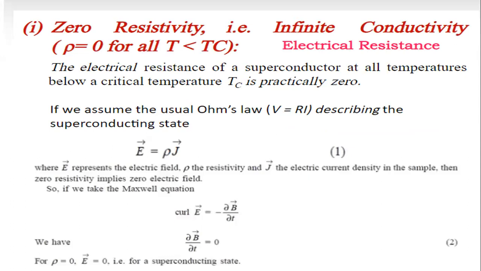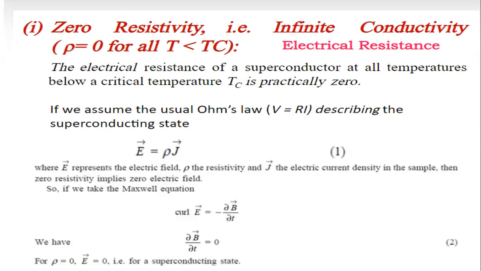The first important character is that it possesses zero resistivity, and as I said, for zero resistivity the temperature should be less than the critical temperature. The electrical resistance of a superconductor vanishes at temperatures below a critical temperature, called the transition temperature.